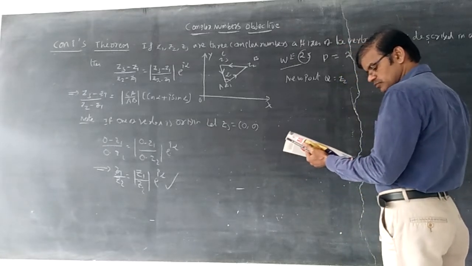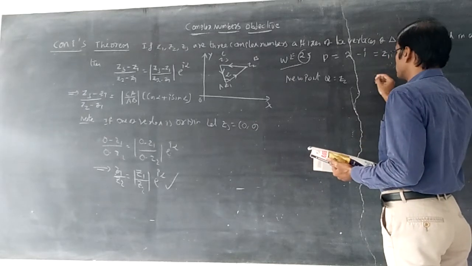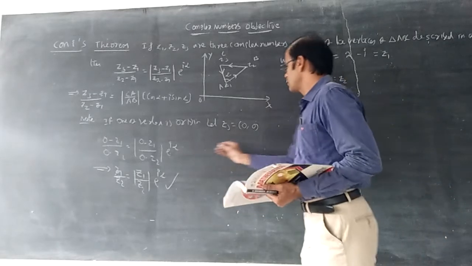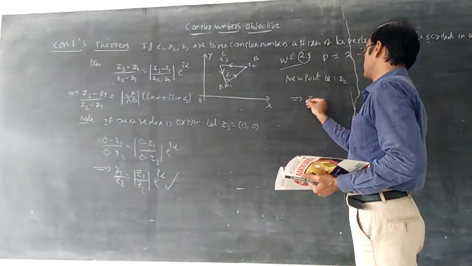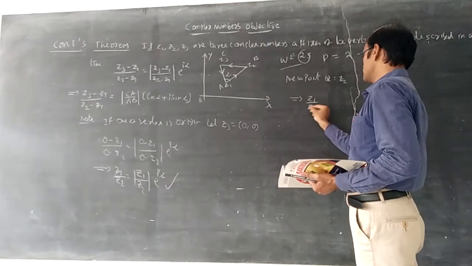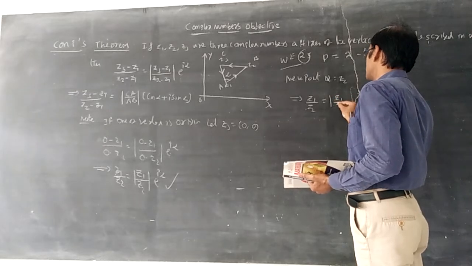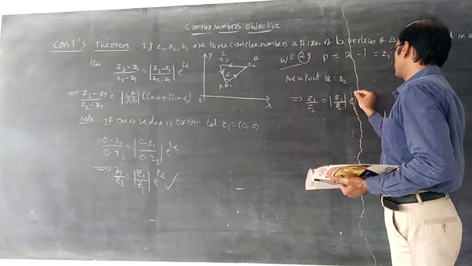It is rotating about the origin through an angle pi by 2, so use this formula: modulus of Z1 by Z2 is equal to modulus of Z1 by modulus of Z2 into e power I alpha.